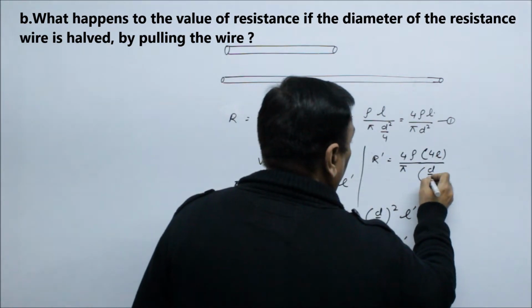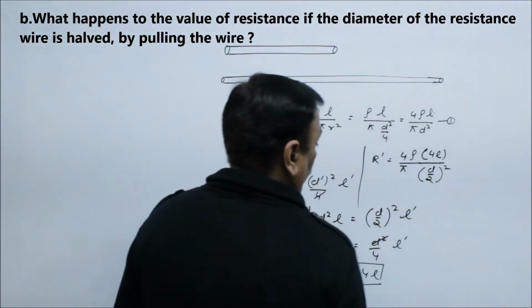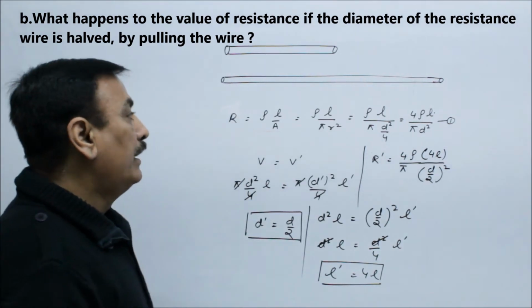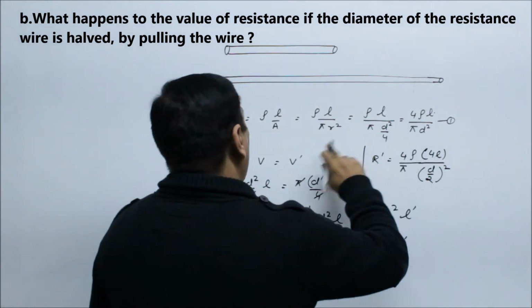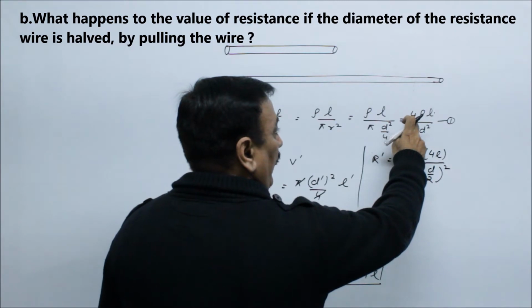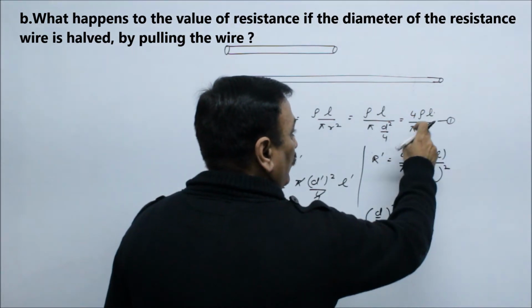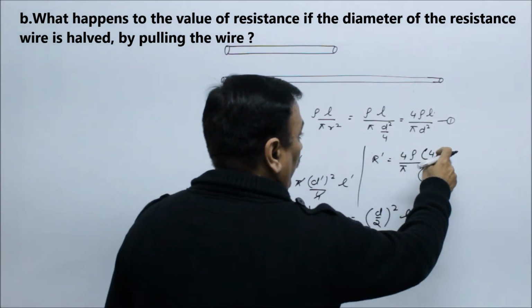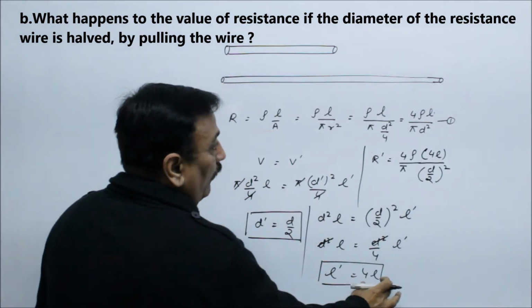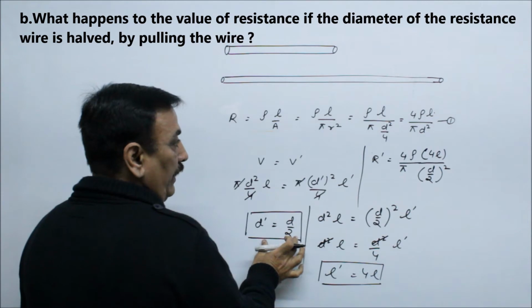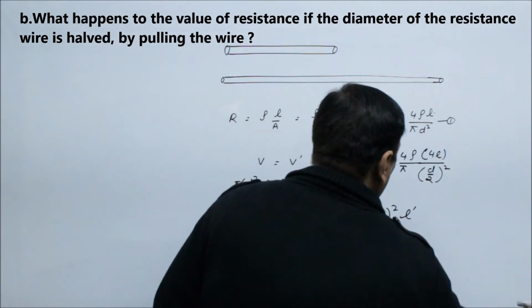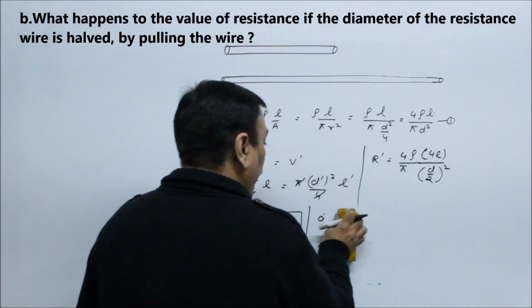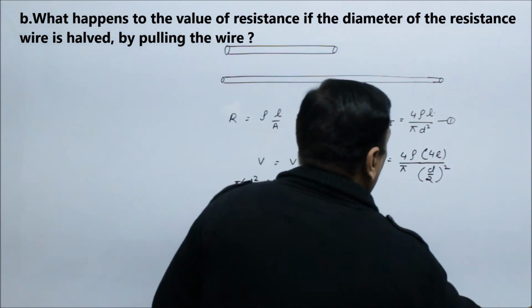So we write D upon 2 and square of this. Is that okay? Let us check once again. For the new resistance, we have the formula 4 rho L dash over pi D dash square. In place of L dash we have written 4L, and in place of D dash we have written D by 2. We now simplify.